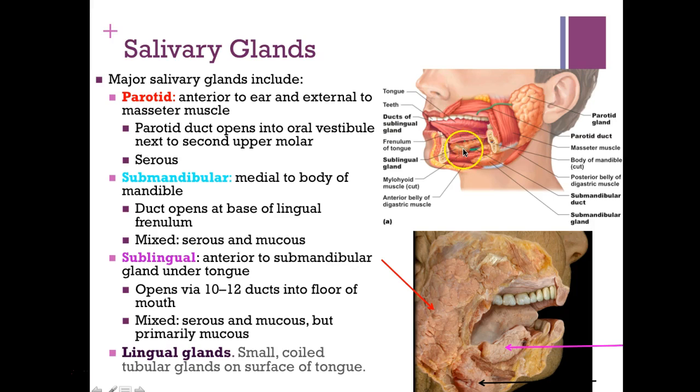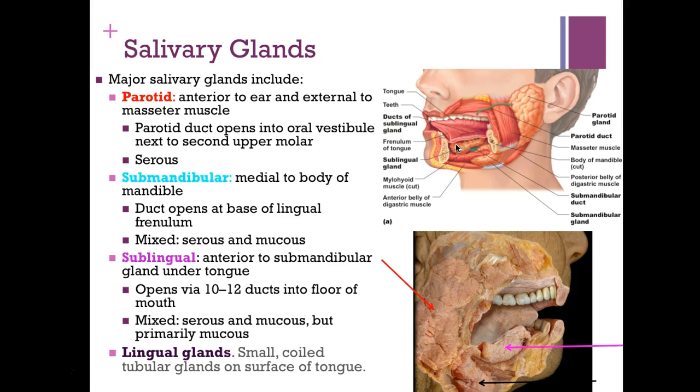And lastly, we have your sublingual gland over here, and this is found anterior to our submandibular gland and underneath the tongue, or inferior to the tongue. And you could see that we have these many ducts that are coming out from it. We should have about 10 to 12 of them from the floor of the mouth.